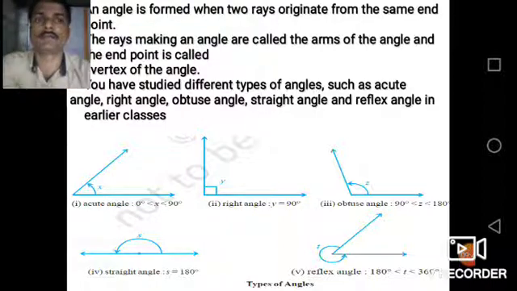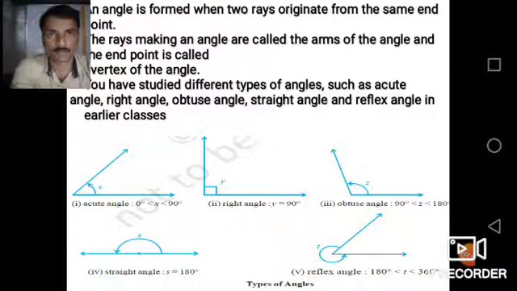A right angle is an angle of 90 degrees. An obtuse angle has a measure between 90 and 180 degrees. A straight angle is an angle of 180 degrees. The measure of a reflex angle lies between 180 and 360.